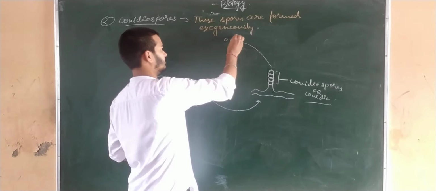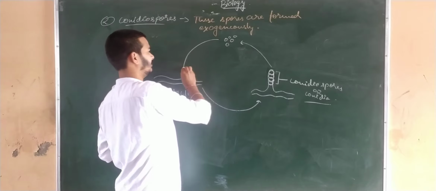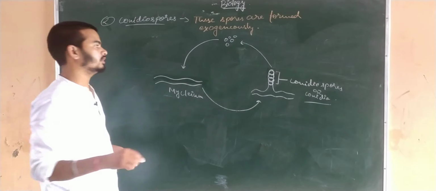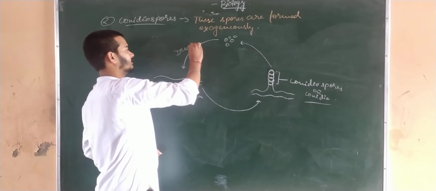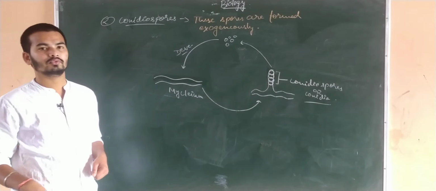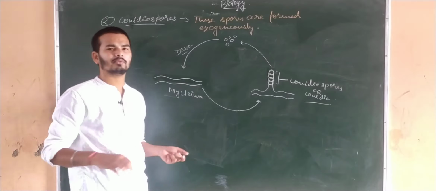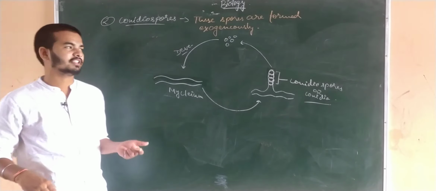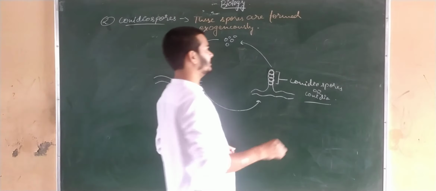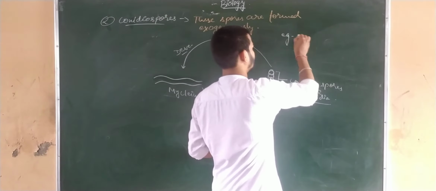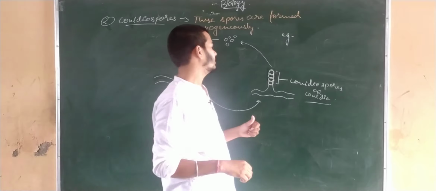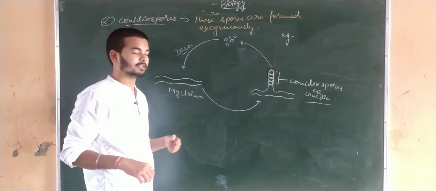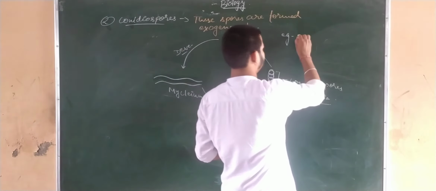Now these spores get separated from each other, and on development they will form a new fungal mycelium. So this is a very simple process regarding asexual reproduction, and the example of an organism that shows such a process is penicillium.